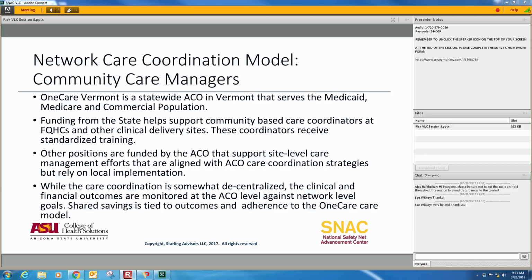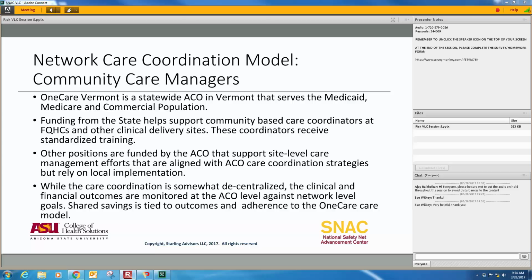Okay, another example that we've worked directly with, and one of the reasons we like to share these examples is just because every community is a little bit different. The types of local resources that you have available, the local preferences you might have, like Tricia was just saying, tend to vary based on what your patient needs are, what your relationships are with health systems and payers. So what we're trying to do is give you some examples of what this can look like.